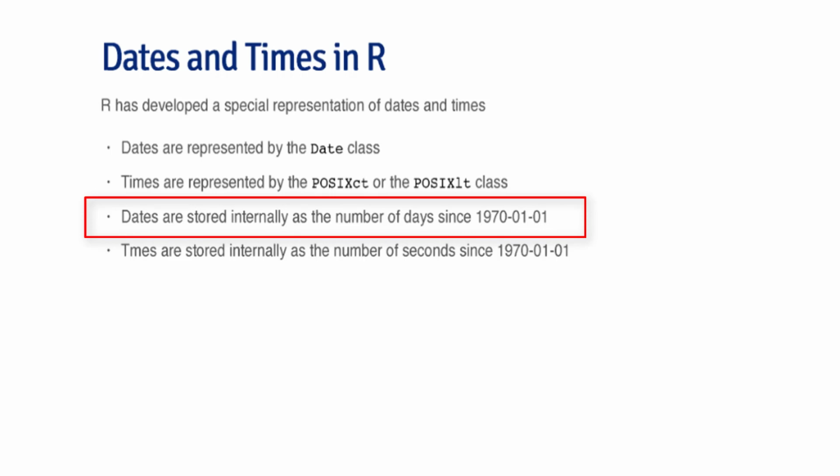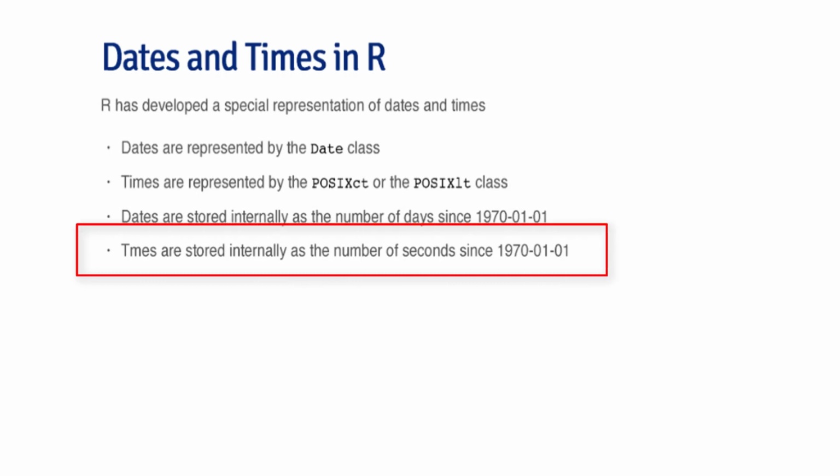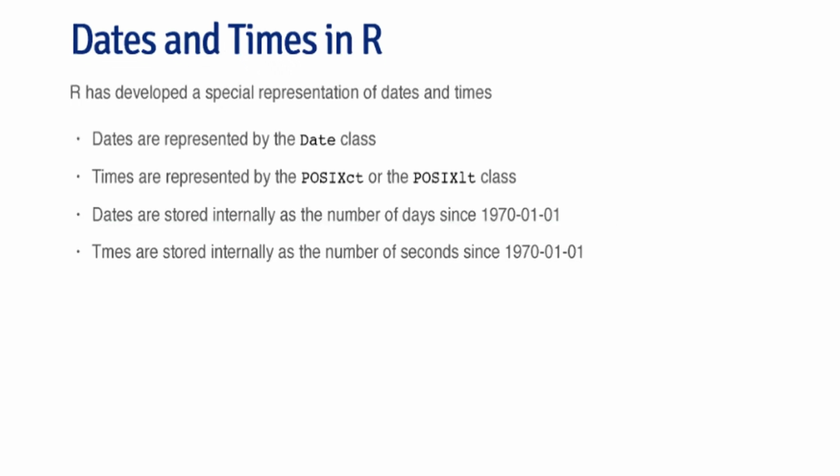Internally, dates are stored as the number of days since 1970 January 1st. That particular detail is not very important, but in case you are wondering how R does calculations based on dates: times are stored internally as the number of seconds since 1970 January 1st. Again, that's another underlying detail, not very important, but it may be useful to know sometimes.